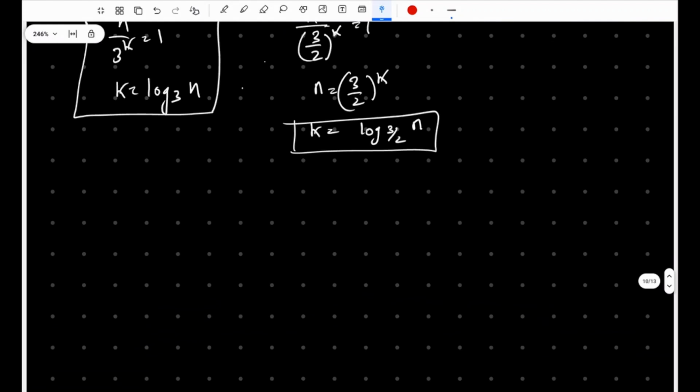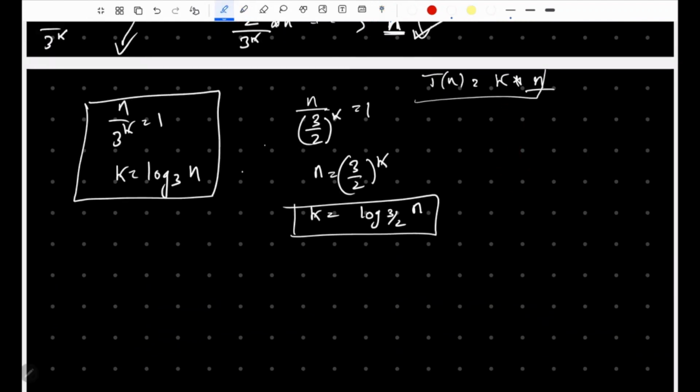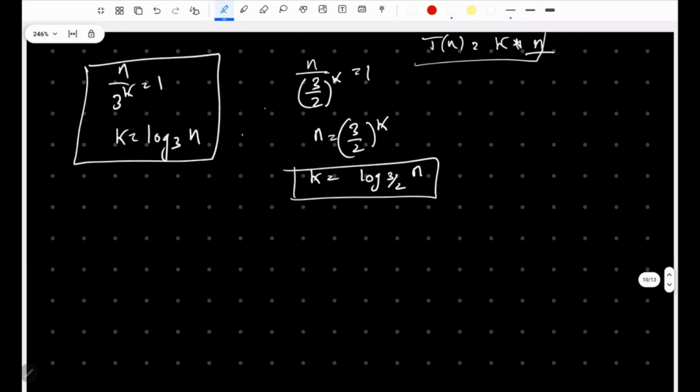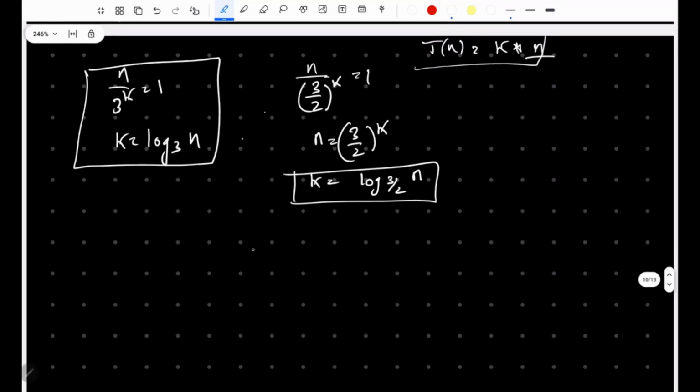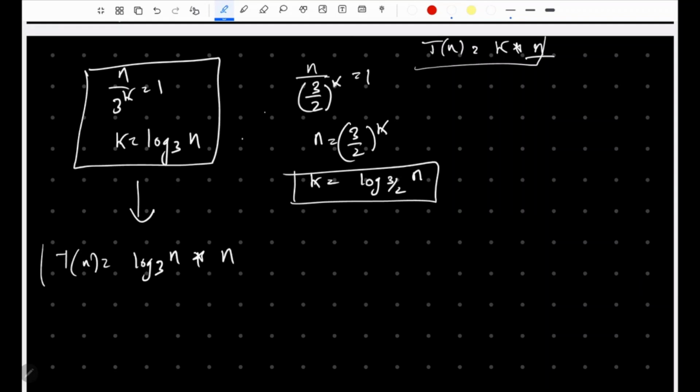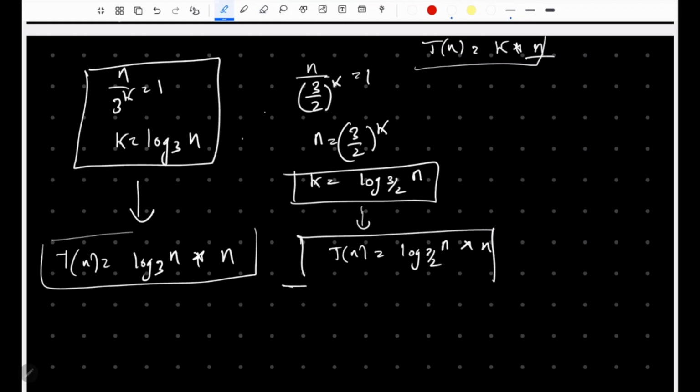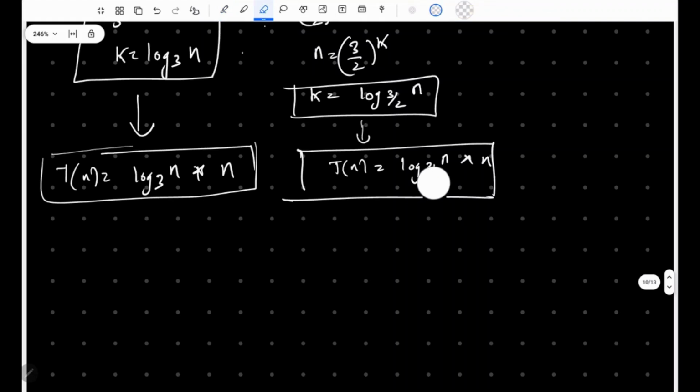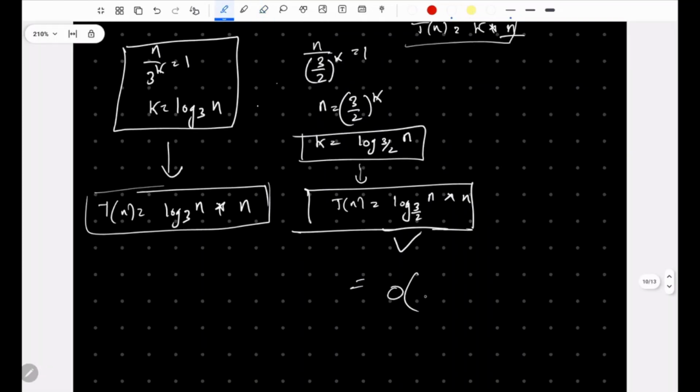If I put the value of k in this equation, what will we get? If I put this k, we will get T of n equal to log base 3 n into n. And if I put this k, log base 3 by 2 of n into n. So this will be the worst time complexity, the big O. This T of n you can write as big O of n into log base 3 by 2 of n, because 3 by 2, I have told you, is larger.